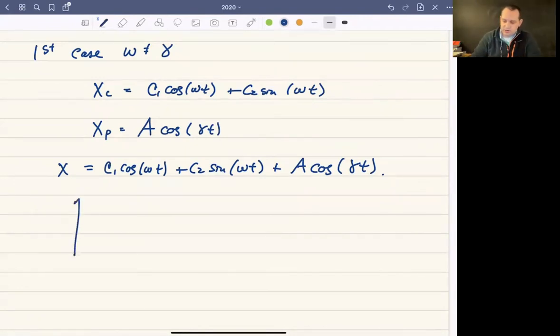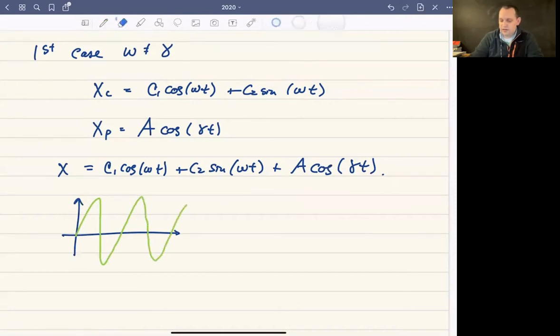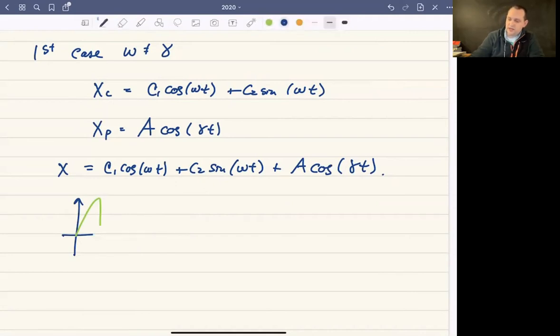And so what that generally looks like is, with no resonance, something like that, where it's going to have a regular sum of cosine and sine terms. It probably won't be that boring, actually. If you're adding a cosine and a sine term together, it'll probably look more closely like this, where it'll have possibly two crests.